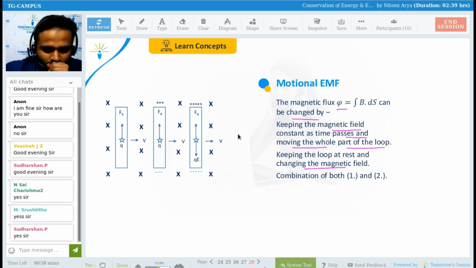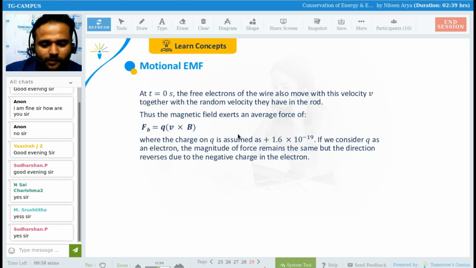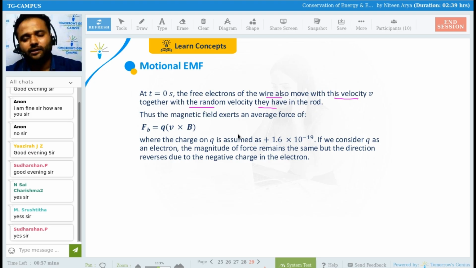The magnetic flux phi equals B dot dS can be changed by this. Why is magnetic flux changing? Because of the change, we get induced EMF, so a combination of both. So what is motional EMF? At t equals 0, the free electrons of the wire also move with this velocity v, together with the random velocity they have in the rod. Means if you move a conductor, the electrons also move with it.